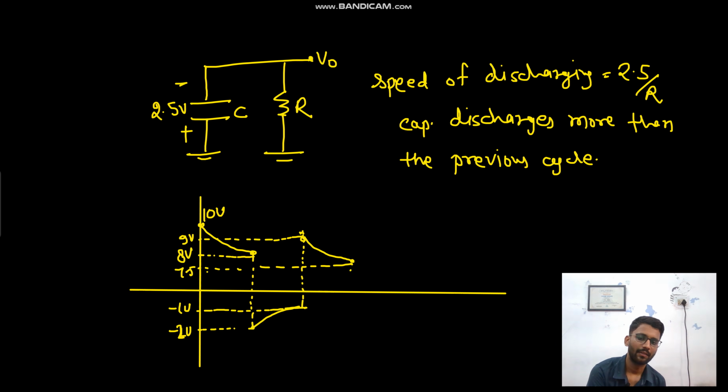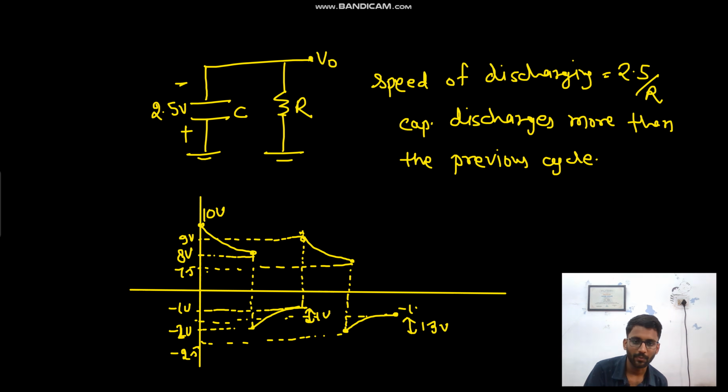Okay, then from minus 2.5, from here we are starting now. Now it went down for 1 volt, so it will go down by more than 1 volt. Let us assume it goes down by 1.3 volt. So from minus 2.5 it will reach minus 1.2. So this value will be minus 1.2 volt.